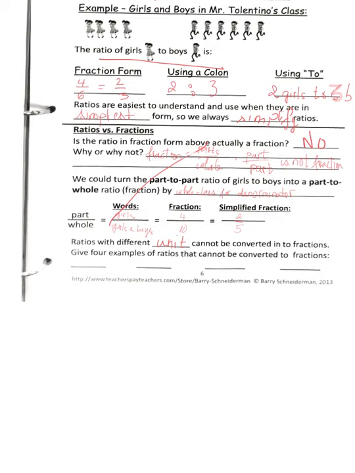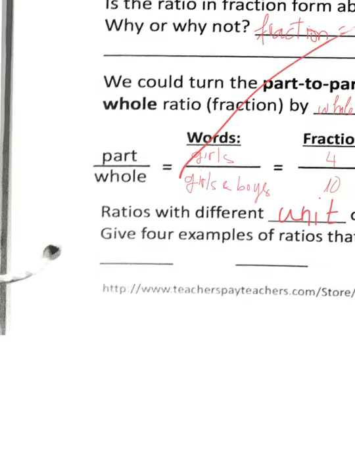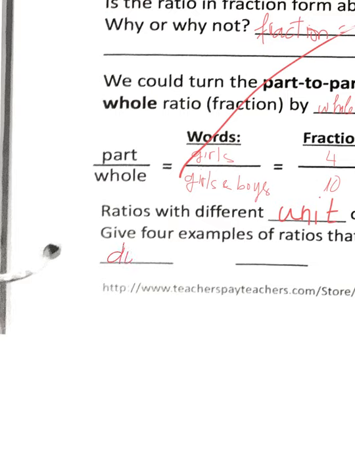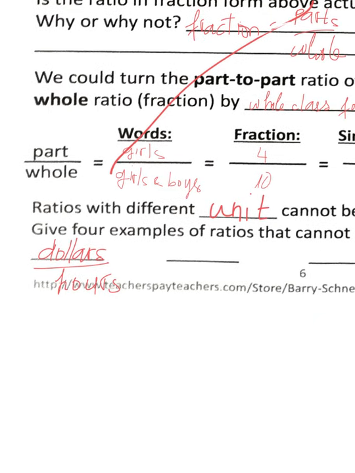For example, I have $5 over 1 hour, so dollars to hours is one of them. I have 1 desk for 2 students. So these are ratios but cannot be converted into a fraction.